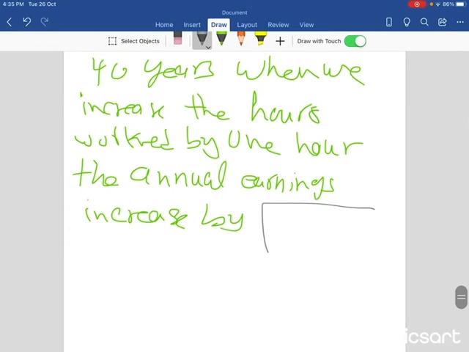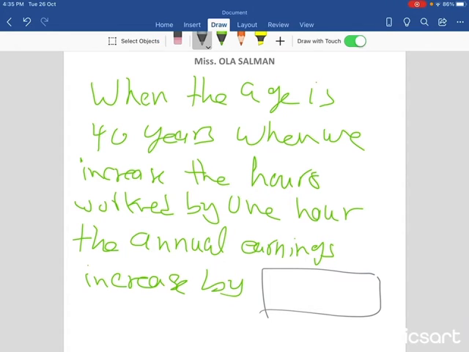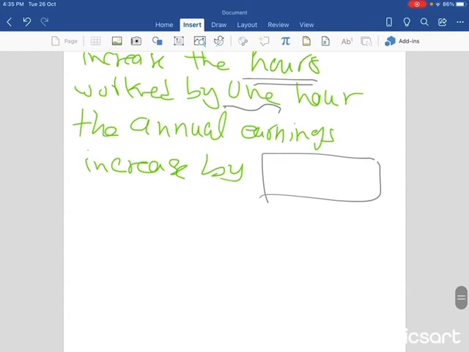Some value here. From where will you get this value? When the age is 40 years, when we increase the hours by 1, the annual earning increases by how much? You will find it like this.